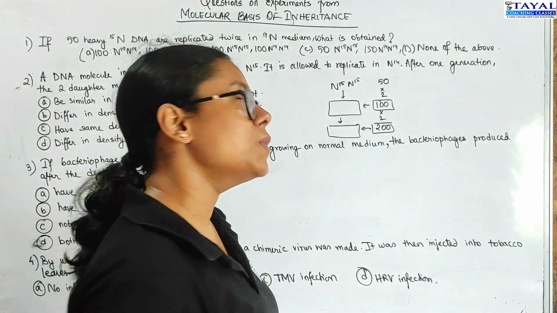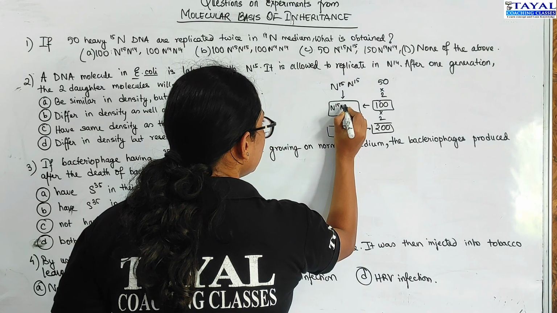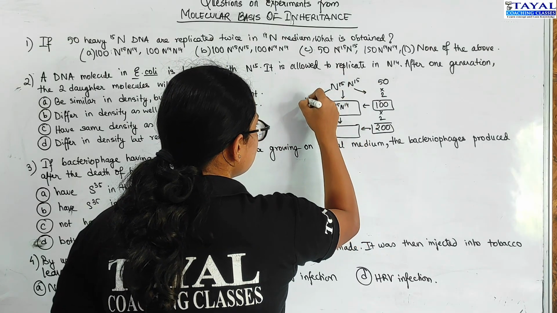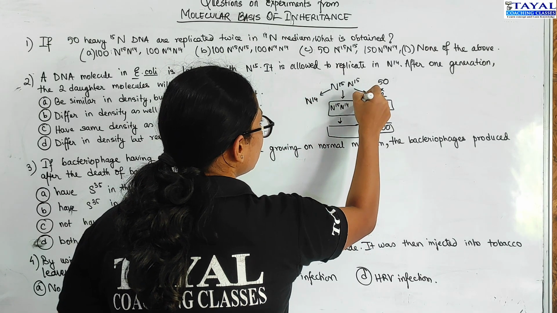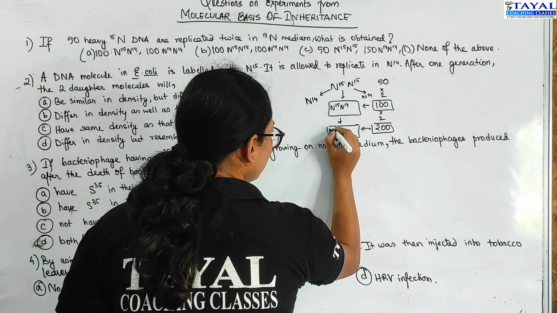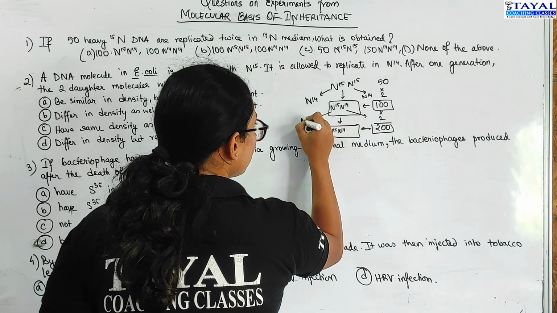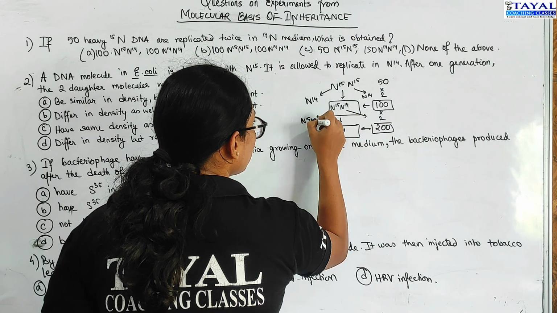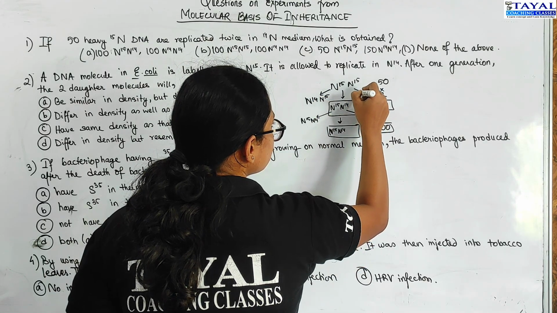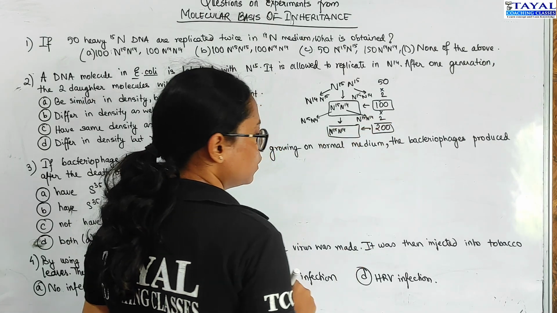Now from what we learned from Meselson Stahl, what should happen? In the first generation you should have N15, N14, right? Because they will both distribute themselves, and then N14 will incorporate. And in the next one, this will form an N15, N14, and this will form an N14, N14.